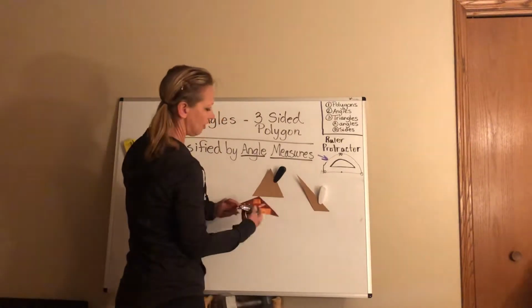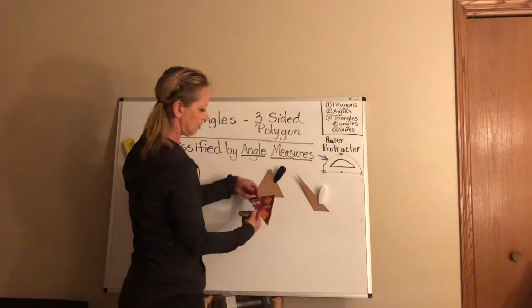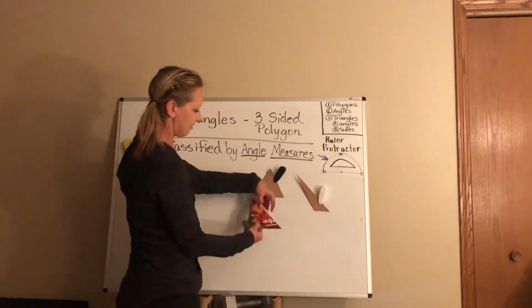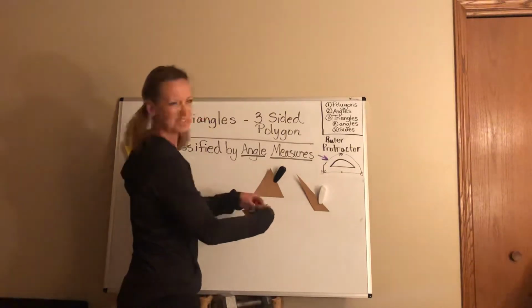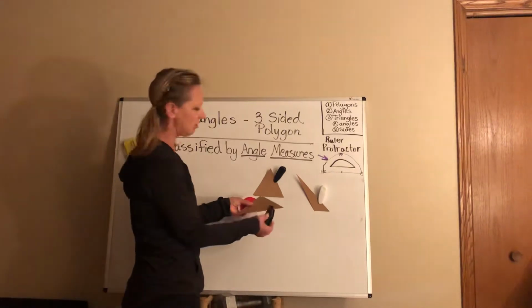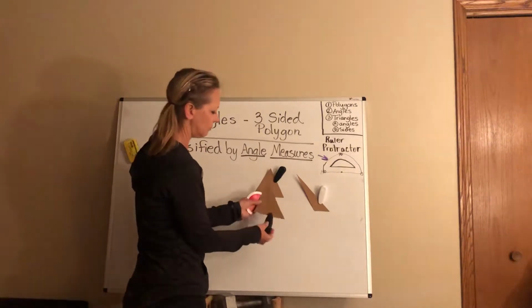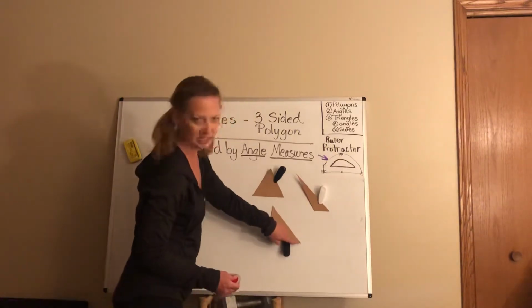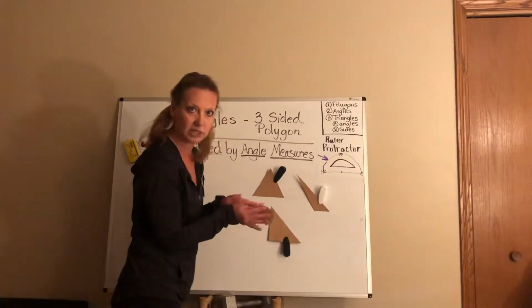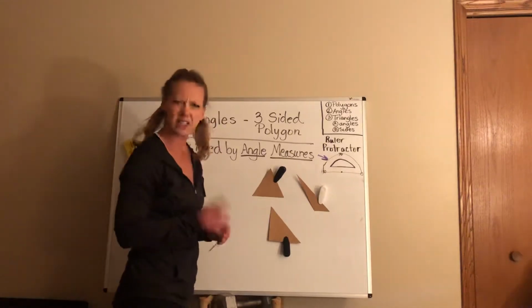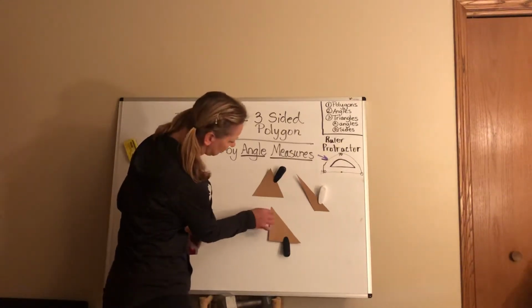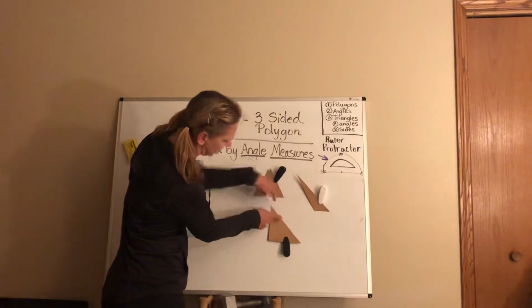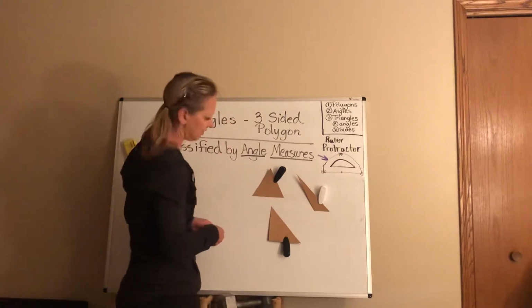I could also turn it over if you don't like to have, it doesn't matter how you measure your angle or how you use your protractor. I'm just going to use mine in a certain way. But I can definitely see that that is an acute angle because the 2 sides are really close together when they start out. So that's acute. And I look at this one too, and look how close together those 2 sides are. I know that's an acute angle as well.